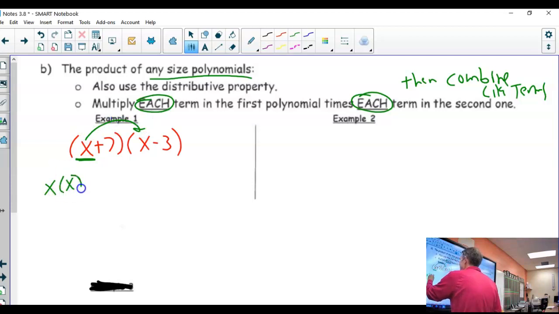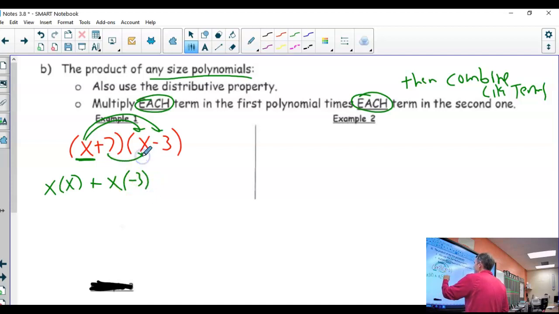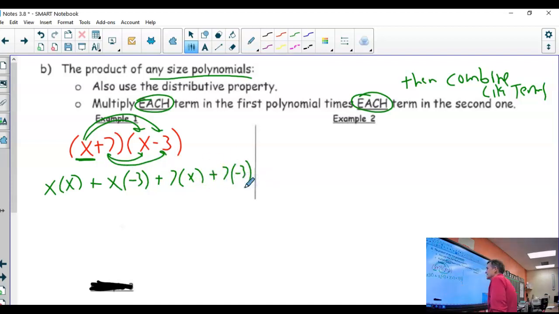So x times x, plus x times negative 3. And then I've got this positive 7, so plus 7 times x, and plus 7 times negative 3. So I'm simply multiplying the x times each thing and the positive 7 times each thing.